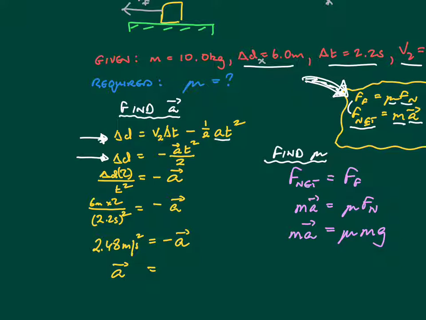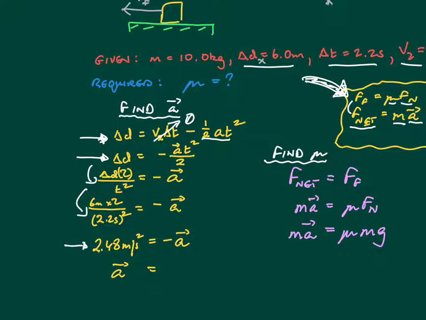So that's just a rewriting of what's above. Why can we ignore this one here? Well, because V2 is equal to 0, so we can drop that, and that makes that whole part 0. And then it's just working down through, putting in the values, and you'll notice that negative A is 2.48.